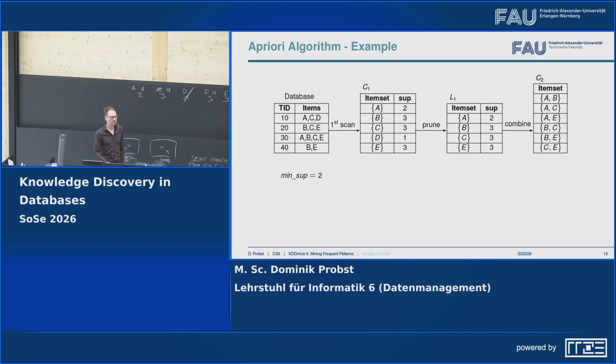And now we simply have to go through the database again and count how often A and B is occurring, A and C is occurring, A and E is occurring, and so on. You can do that as well. A and B is, for example, only in transaction 30. A and C is in transaction 10 and in transaction 30, and so on.